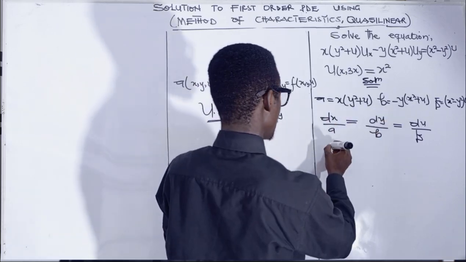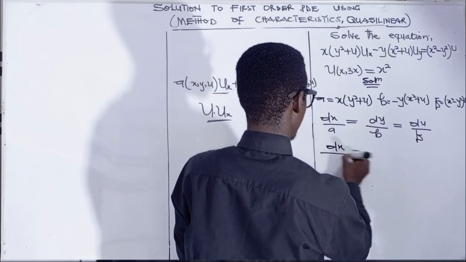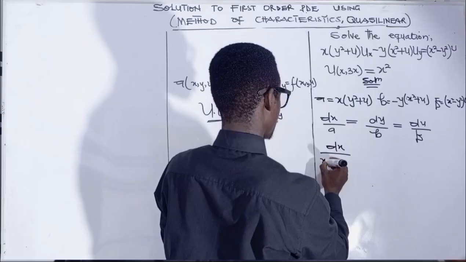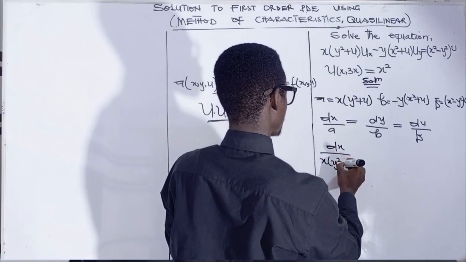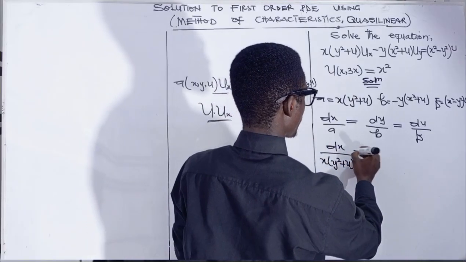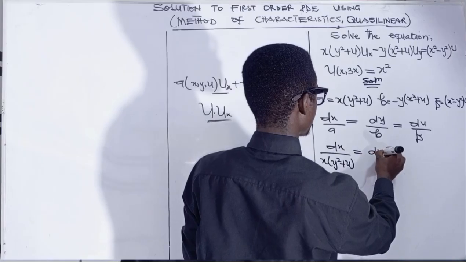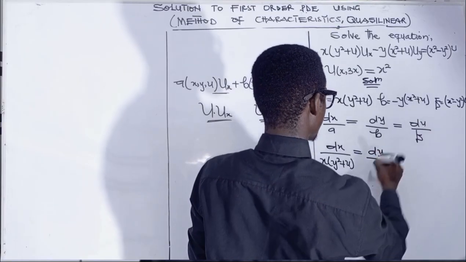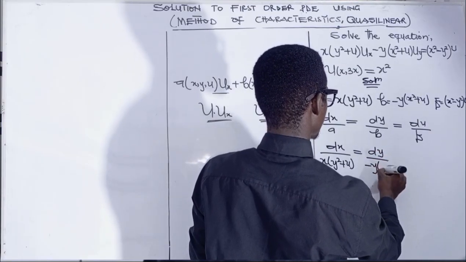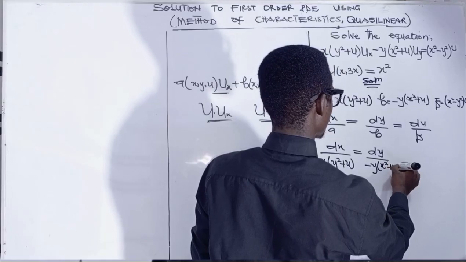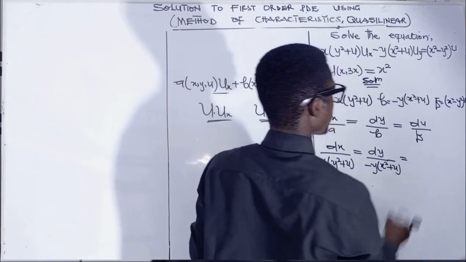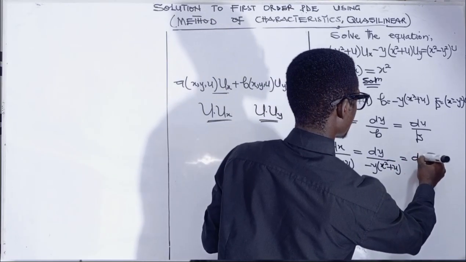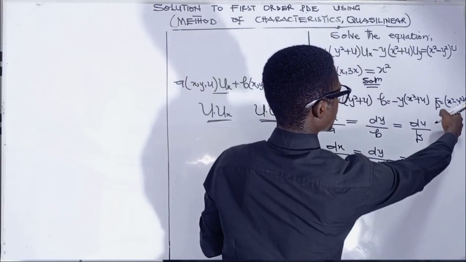So we are going to have dx all over this, and then we have dy all over that, and then we have our du all over this.